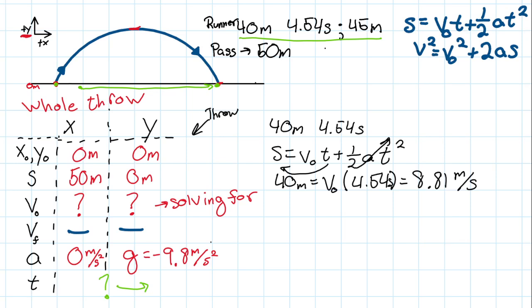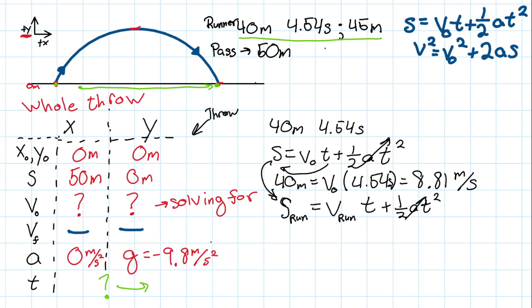Once we have that speed, we can use this equation again to solve for the t. The s of the runner is going to be v runner times the time it takes him to run that, plus the 1/2 a t squared. But again, the runner doesn't have any acceleration. We're not worrying about it.